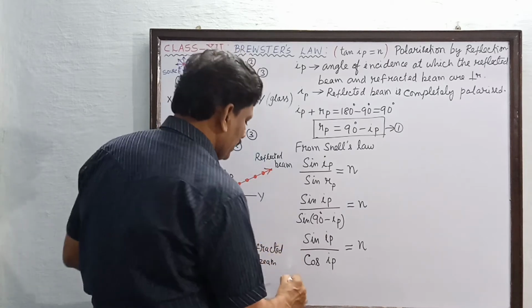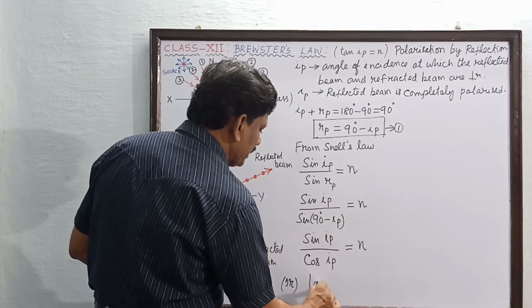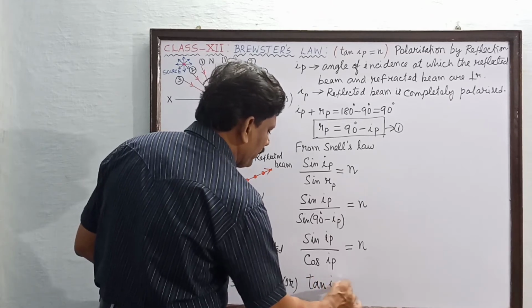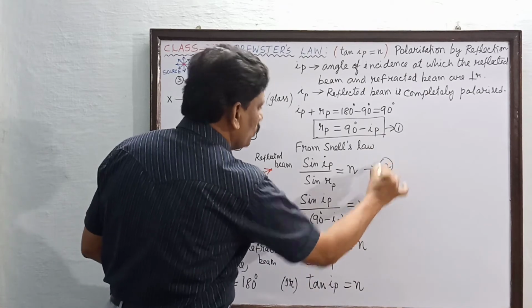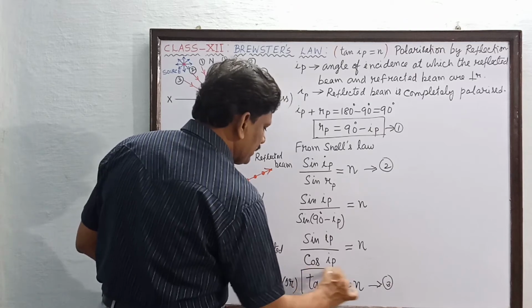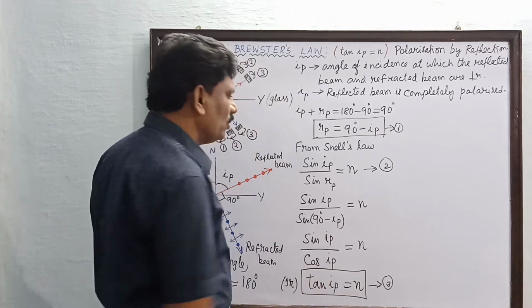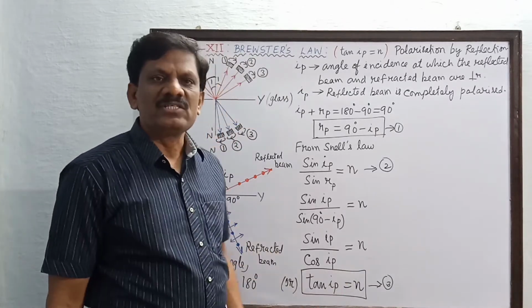Therefore, we can write the same expression like this: tangent value of IP is equal to N. This is equation 2, and the final equation, this is equation 3. This is what we are required to derive. So, tan IP is equal to N.